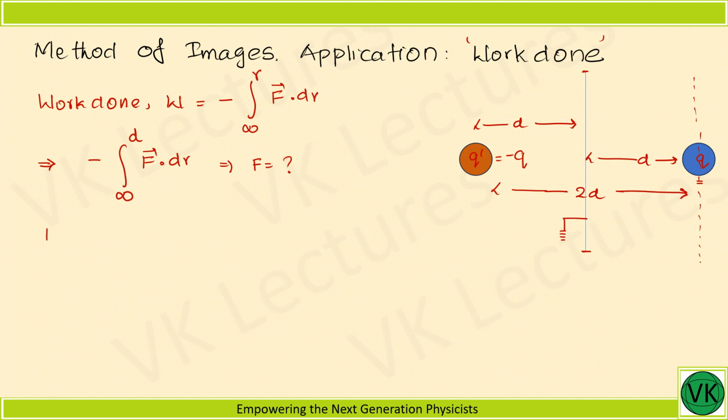So force is equal to k q square by 2d whole square, and since it is minus, it is an attractive force, so it's in the negative i direction. So that's equal to minus k q square by 4d square i cap. So now we need the work done, F dot dr.